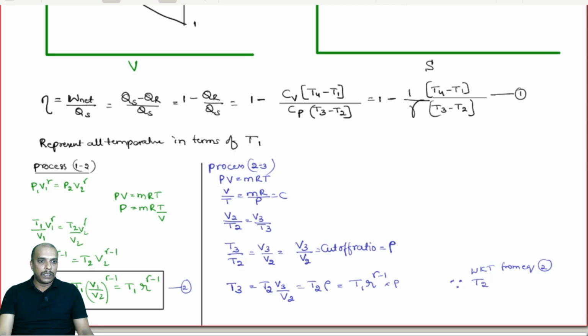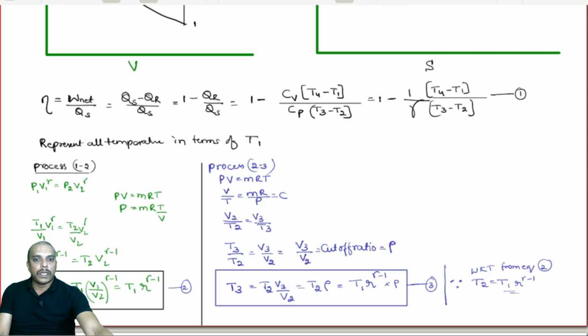Let us call this equation 3. So, T2 and T3 both we have represented in terms of T1, we have done it.